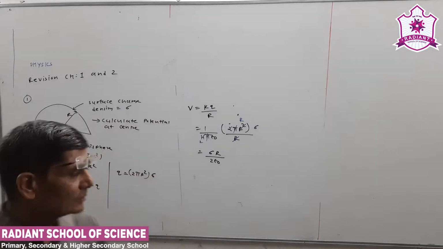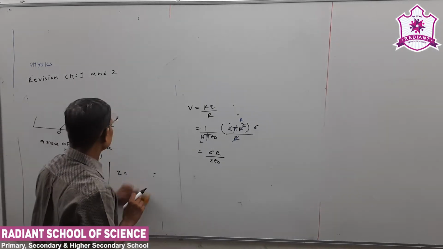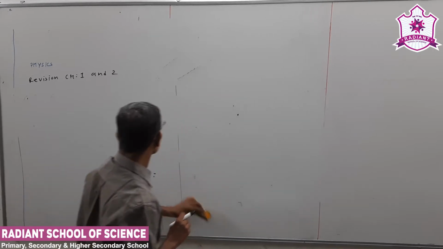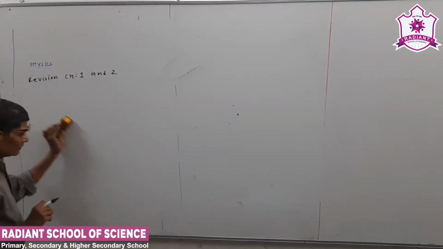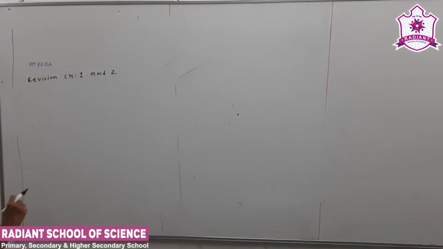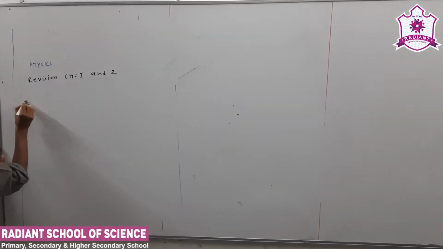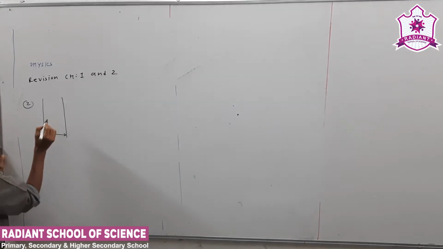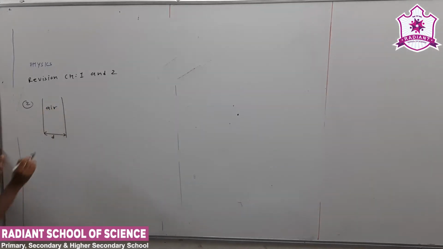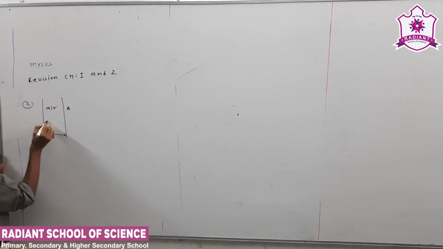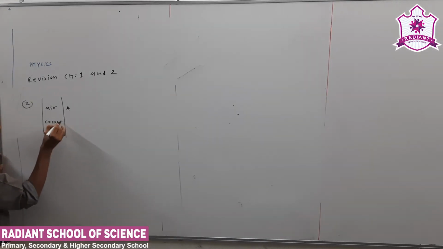Now we take the next question. In the second lesson we study about capacitance also. Now let us see a question related to a parallel plate capacitor. Now see the parallel plate capacitor, d is the distance between the plates, air is the medium between them, A is the area. Capacitance is given as 10 microfarad.